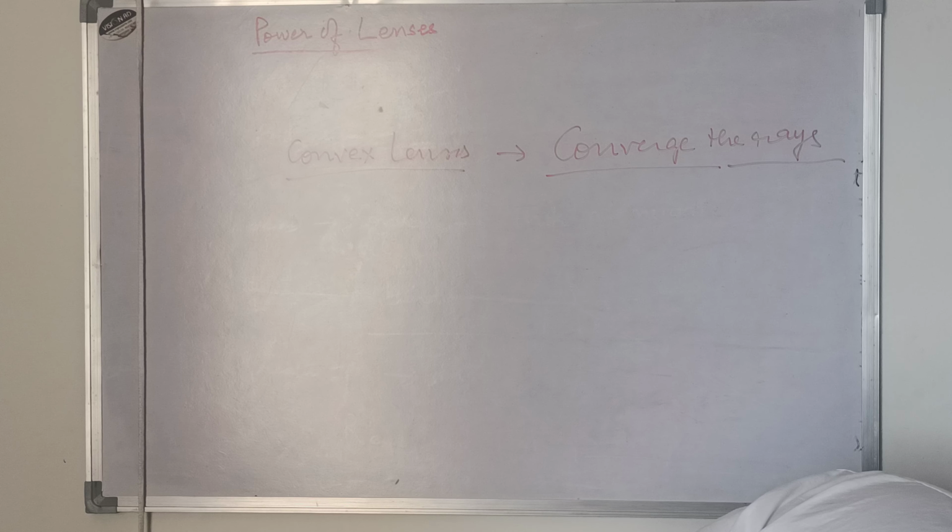This structure is called iris. This bulging portion is called cornea. I am writing these things because these words will come many times during the discussion.